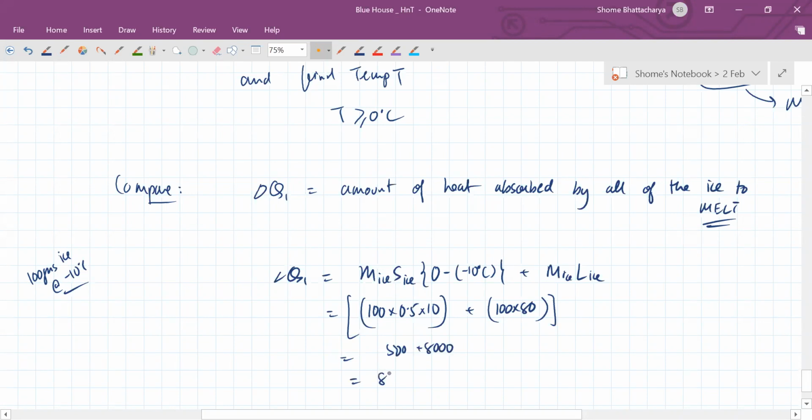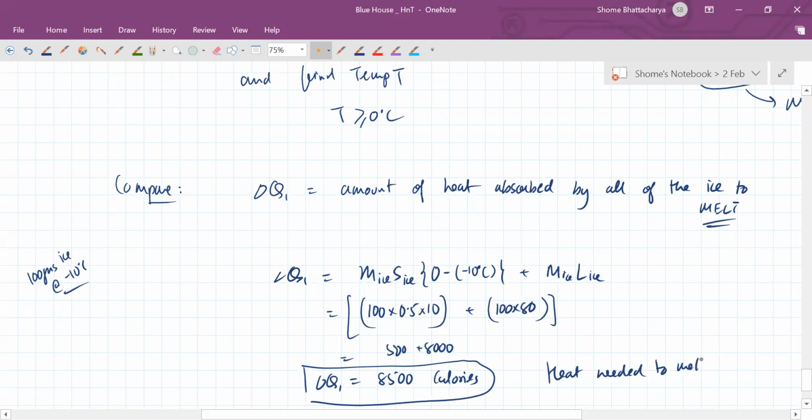So we need 8,500 calories of heat to melt all the ice. This is the heat required to melt all the ice.